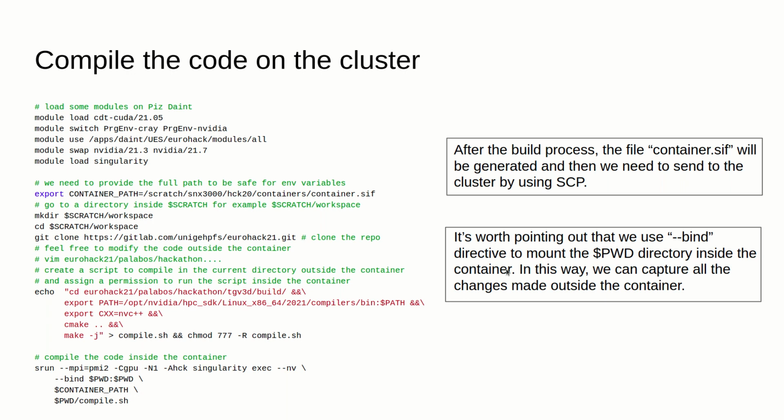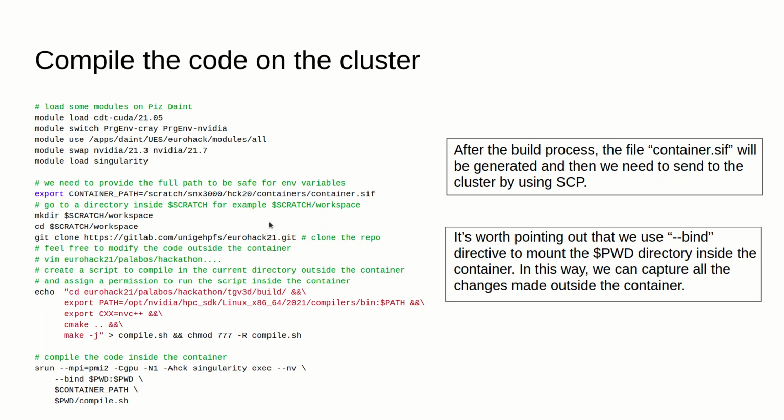So it's worth pointing out that we use the bind directive to mount the pwd directory inside the container. In this way, we can capture all the changes made outside the container.